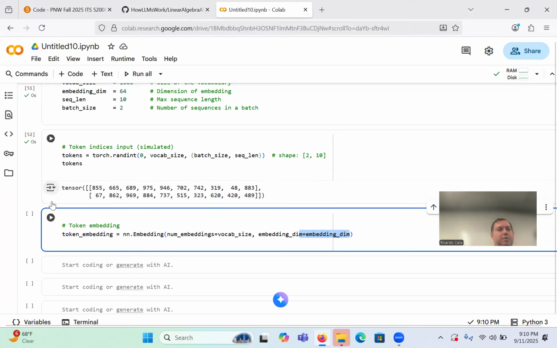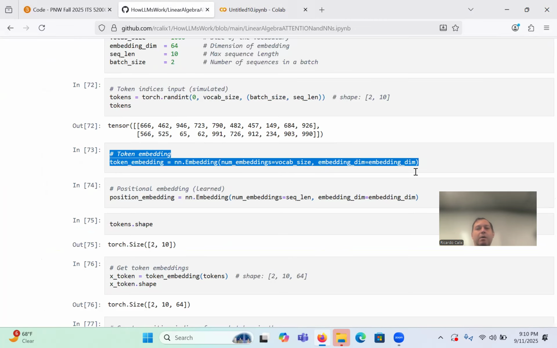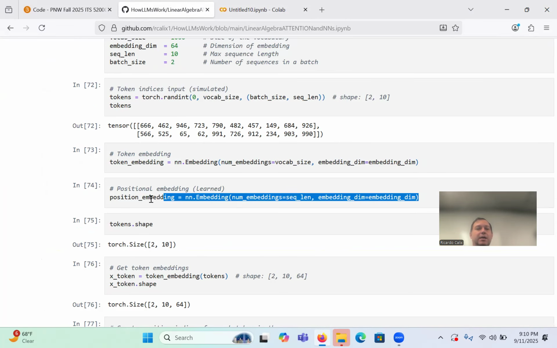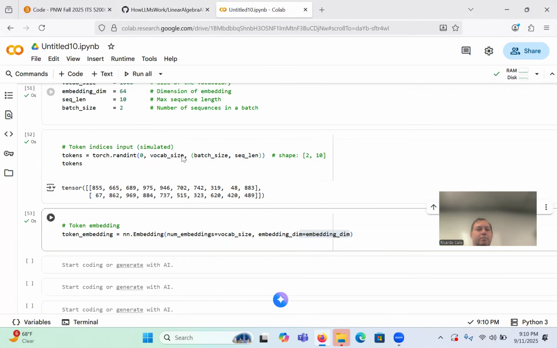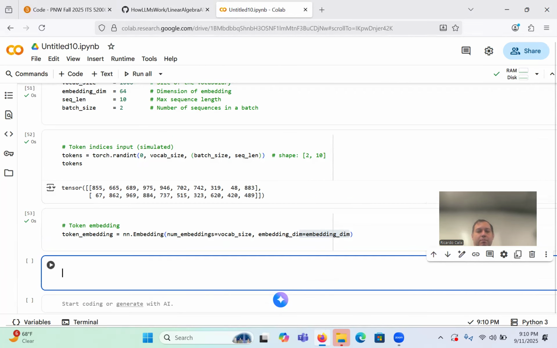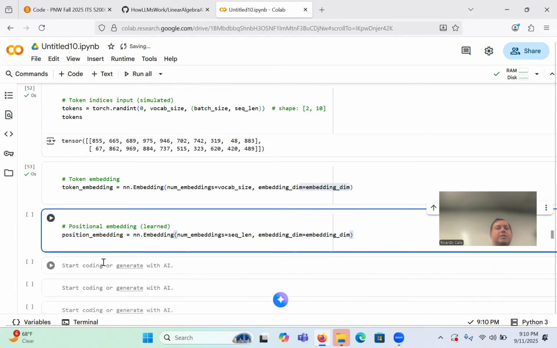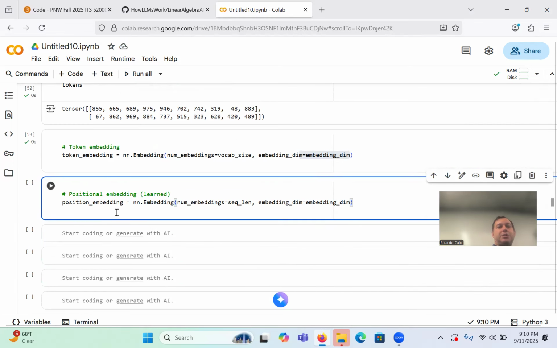All right. So I run that one, which just created that layer. And now I'm going to create a second layer for positional encoding. Notice this one, different name, positional embedding, still the same construct, nn.Embedding.